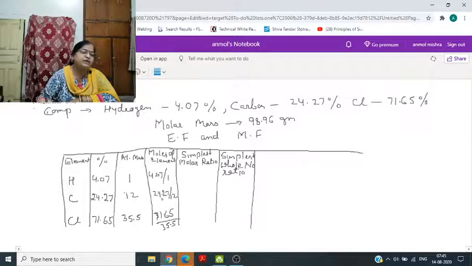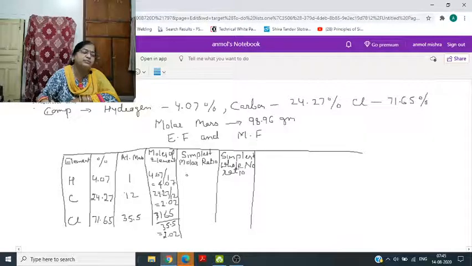In the first case we get 4.07, in the second case 2.02, and in the third case again 2.02. Among the three, the lowest is 2.02.